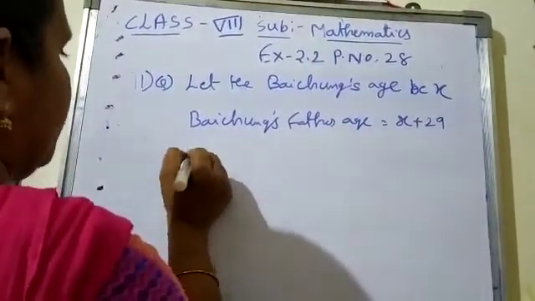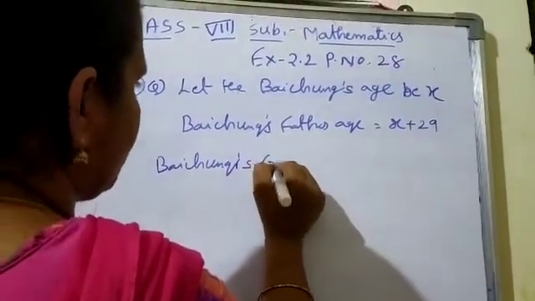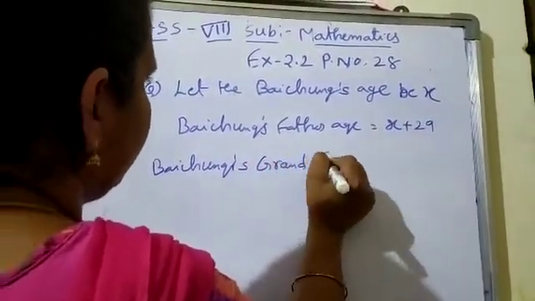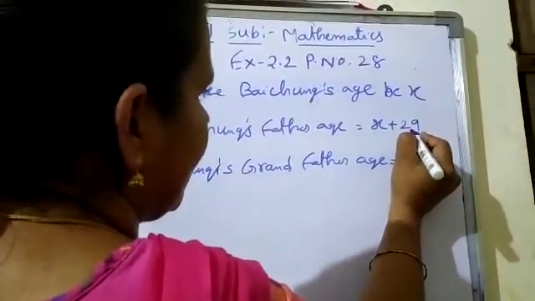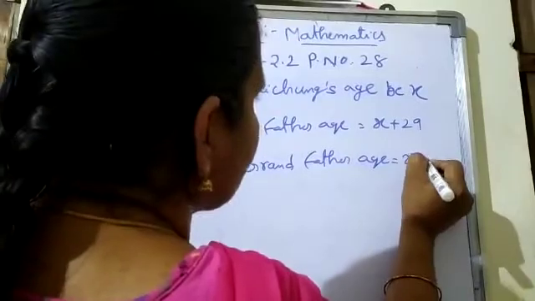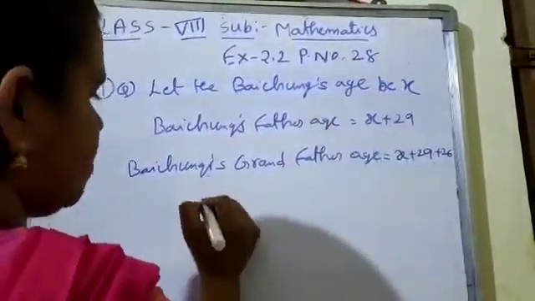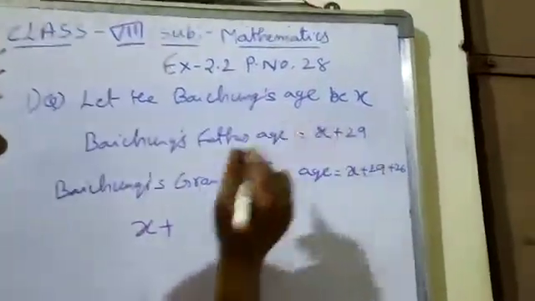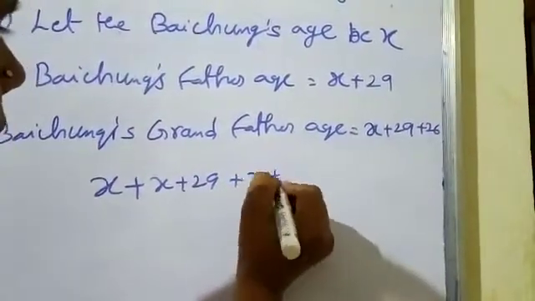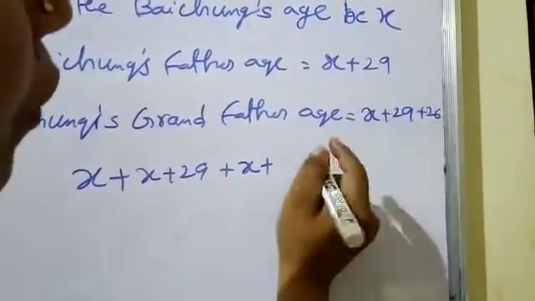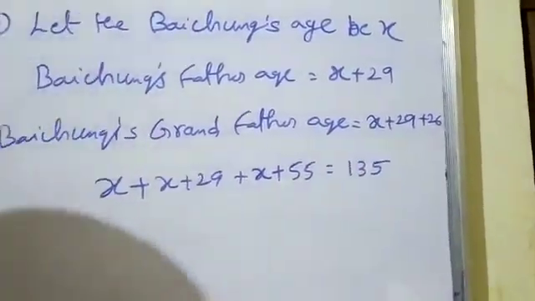Next, Baicheng's grandfather's age is 26 years older than Baicheng's father, so x plus 55. So the sum of the three ages, Baicheng's age plus Baicheng's father's age plus Baicheng's grandfather's age, x plus x plus 29 plus x plus 55 is equal to 135 years.